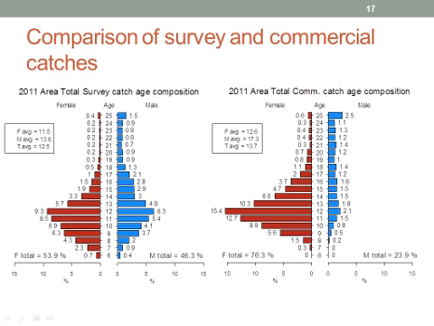We sex the animals. We know for sure what's female and what's male. The commercial is done on a statistical basis where we estimate the sex composition at length and the age composition to determine the commercial. We think it's pretty good, but just want to note that there's a bit of a model component to the breakdown of the commercial catch composition. The survey is fully observed and measured.